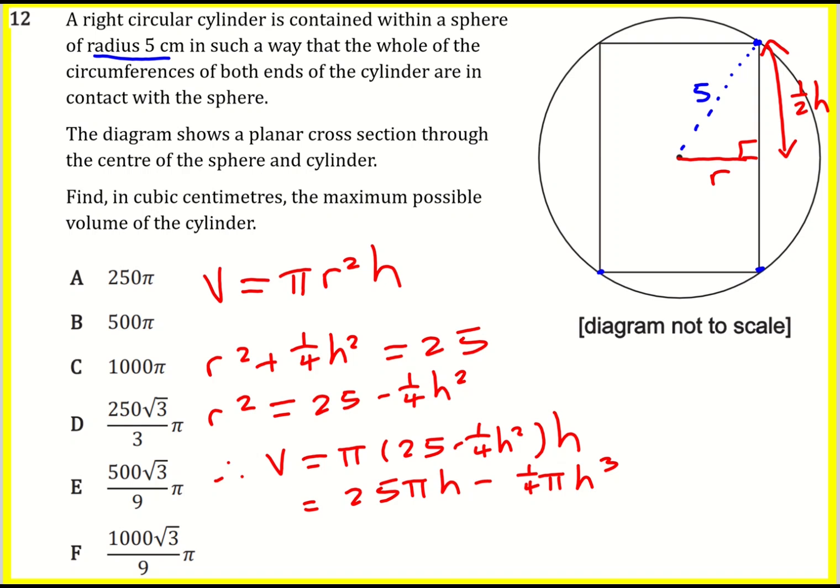And I've managed to get the volume in terms of just one variable, the height. So this would have some sort of cubic graph, and I want to look for the maximum, so a stationary point. dV by dh is going to equal 25 pi minus 3 quarters pi h squared, equals 0 for stationary points.